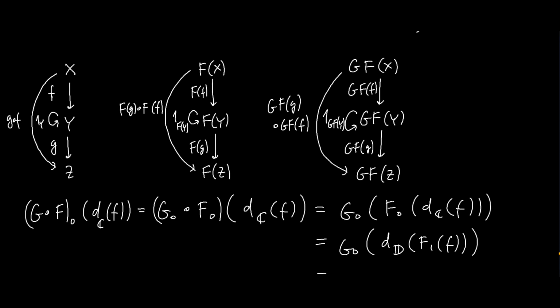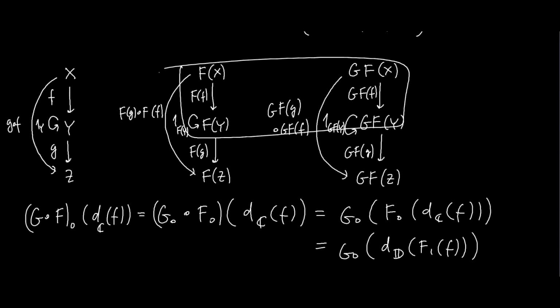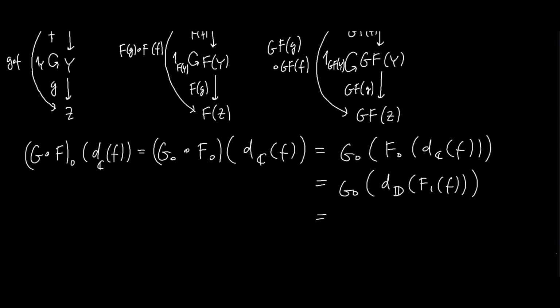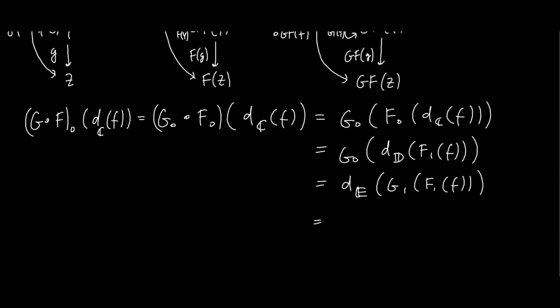And by the fact that g is a functor, so using this picture, but we're not really using a picture anymore, we're just reducing it to computation, this will be the domain map in the category E of g1 of f1 of f. And this is the same as g1 composed with f1 applied to f.